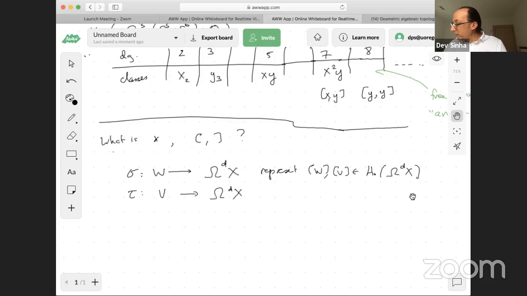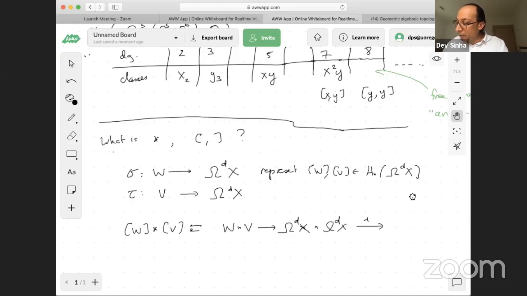Then what is the product? Well, I'm going to just take W cross V, two loops cross loops, and then multiply. So that's the standard Pontryagin product in the homology of the Lie group, but it's true in the homology of iterated loop spaces as well.